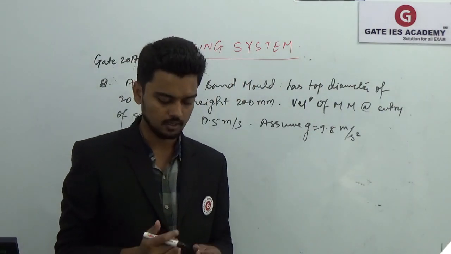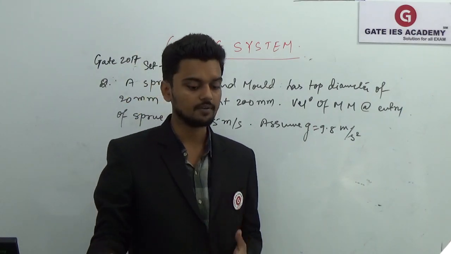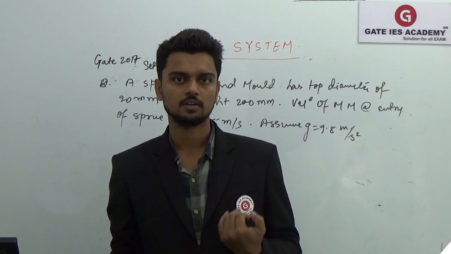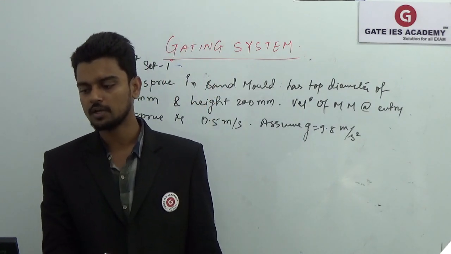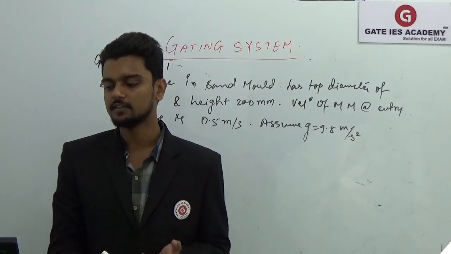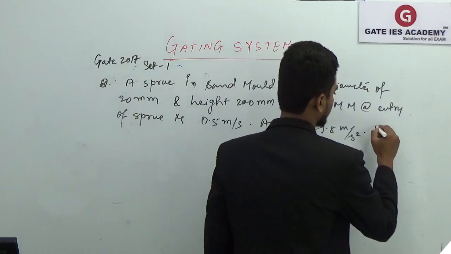All the losses means friction and all those losses, because in the derivation of the Bernoulli equation we have neglected all the losses. If the mold is well ventilated, we have to find the velocity of the molten metal at the bottom of the sprue.